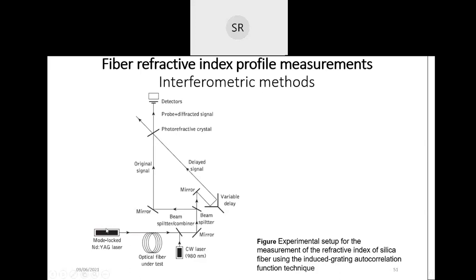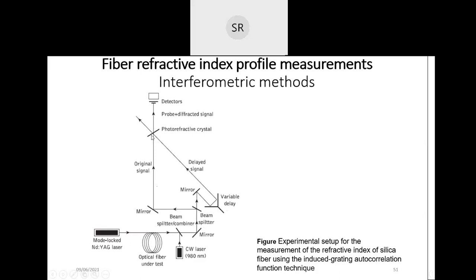Now you can see here a source, we have the optical fiber, then one mirror, and here we use the beam splitter, and using that beam splitter, two beams are split. One beam is propagating this way, that is the original signal, and in the other a delay is created, so that's the delayed signal.